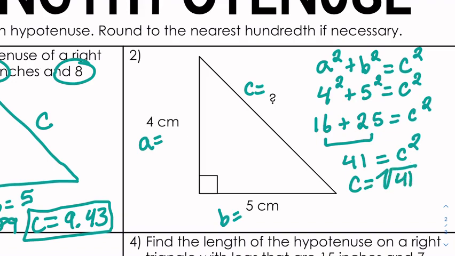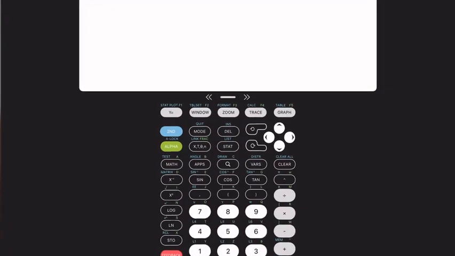Okay, so we're going to go back to our calculator, and I'm going to show you a different calculator this time. This one should look like the handheld ones that you have in your room. So I need to find the square root button, which is in blue, and it is 1, 2, 3, 4, 5, 6 spaces down here.